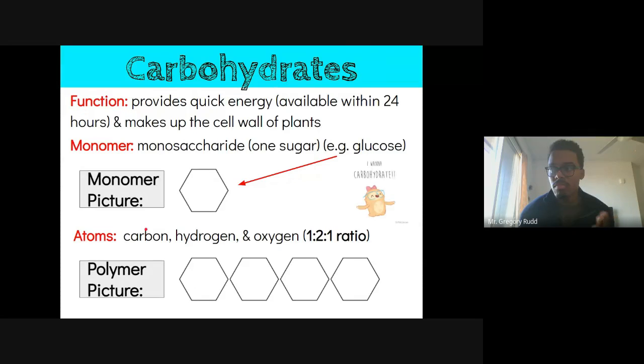So let's think about this. If I have 3 carbon atoms in a carbohydrate, how many oxygens should I have? You can send a message to the chat or you can unmute yourself. But the question is, if I have 3 carbon atoms, then how many oxygen atoms should I have in a carbohydrate?